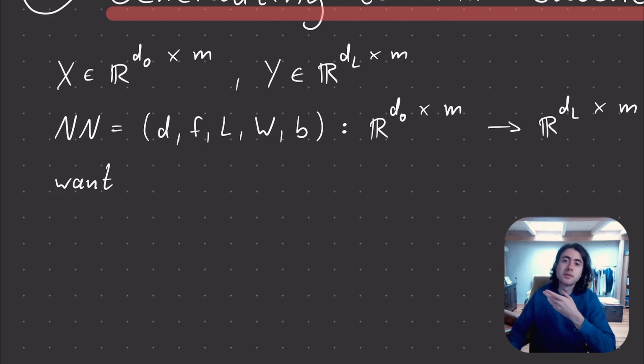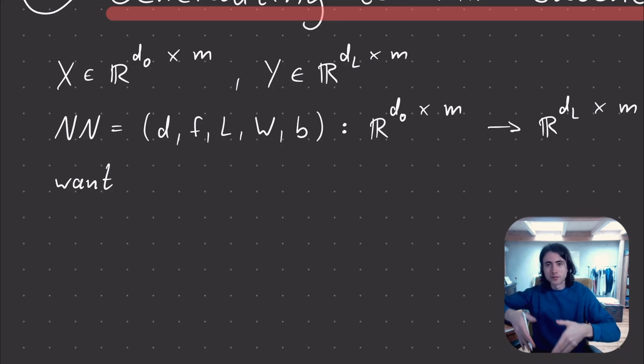And we want the mapping to be such that for each additional column that we append into the input matrix, it should be the same as if we were to append the output of the previous neural network definition onto the output of this neural network.